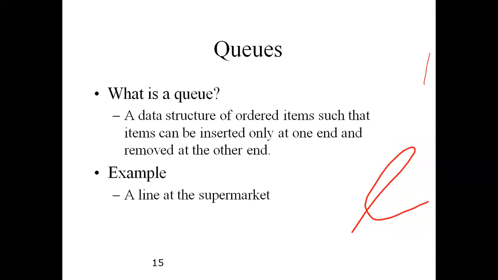Insertion is possible at only one end, that is called rear, and deletion is possible at only one end, that is called front. These are the two ends of a queue. Every general queue has these two types of ends.